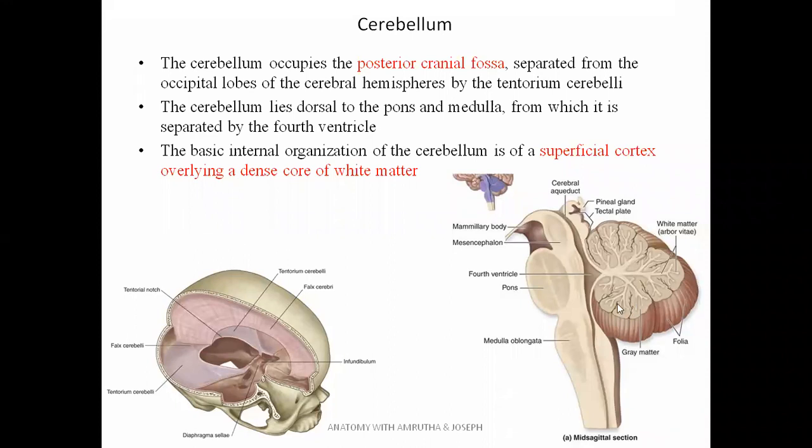So this is the beginning slide of the cerebellum, where we have seen that it is located in the posterior cranial fossa, separated from the occipital lobe of the cerebrum by the tentorium cerebelli, which is a fold of the dura mater that we have already discussed before, right? And it is lying posterior to the pons and medulla, separated by the fourth ventricle. There is a cortex which is seen outside, and there is white matter which is inside.